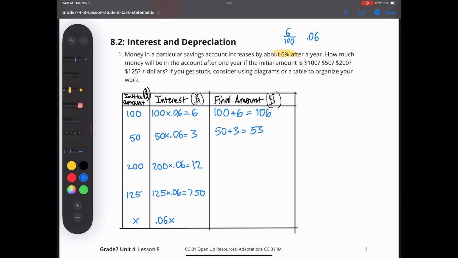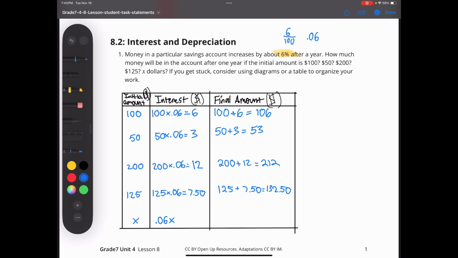For 200, it's 200 plus 12. And here it's 125 plus 7.50, which is 132.50.